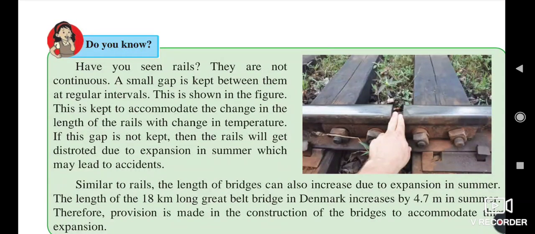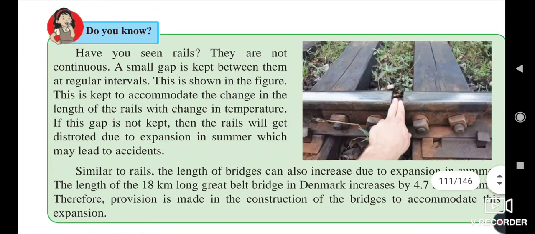They are not continuous. Small gaps are kept between them at regular intervals, as shown in the figure. This is kept to accommodate the change in the length of the rail with change in temperature. If the gap is not kept, then the rail will get distorted due to expansion in summer, which may lead to an accident.